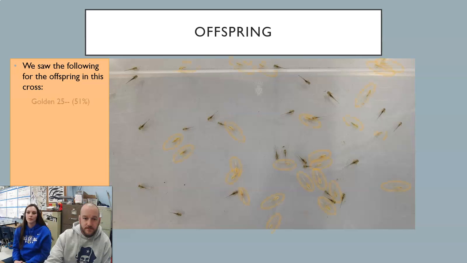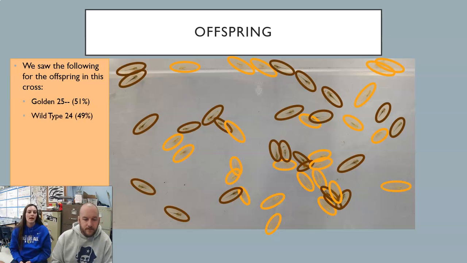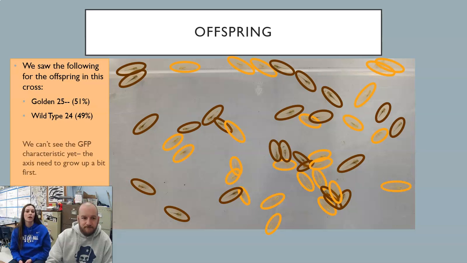So for our offspring for this cross, we saw some goldens, right? So can make iridophores, can't make melanin, and we counted 25 of those, which made it about 51%. And then we also saw wild type, which we counted 24 of those, so 49%, can make melanin and can make iridophores. The thing that we can't see yet for our offspring is that GFP characteristic.